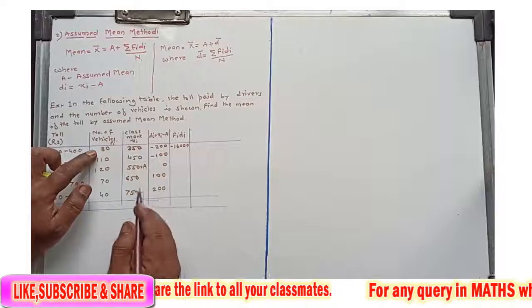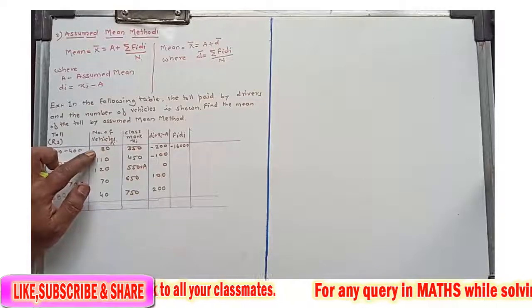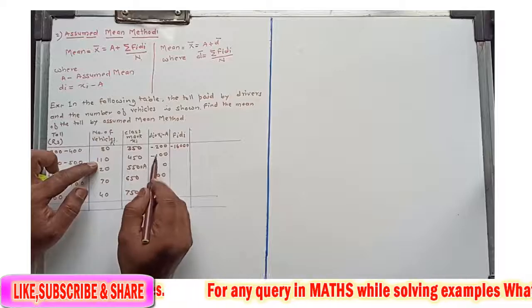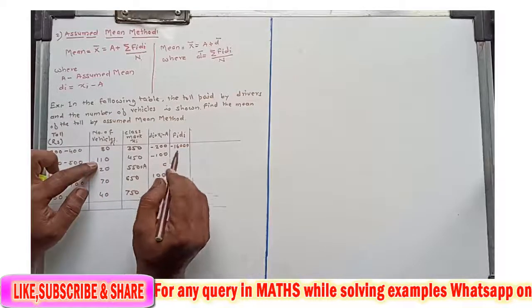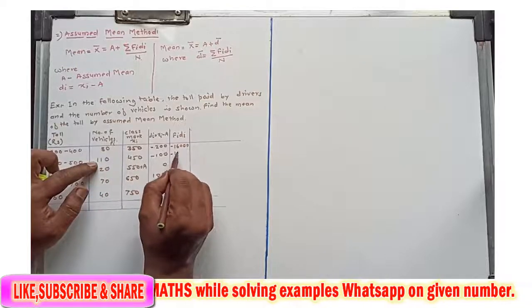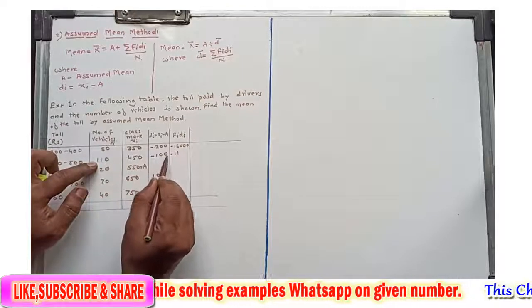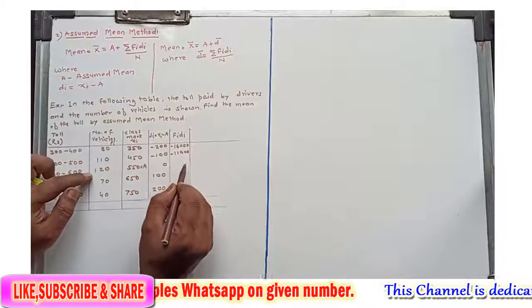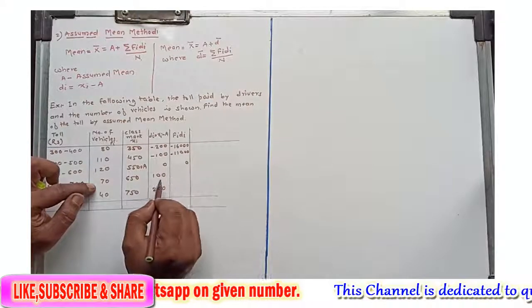That is the multiplication for 80 into 200. Then 110 into 100, so 11 into 1, again the minus sign will come, 11 ones are 11. Here there is one zero, here two zeros, so the total number of zeros is 3. Then 120 into 0 is 0.